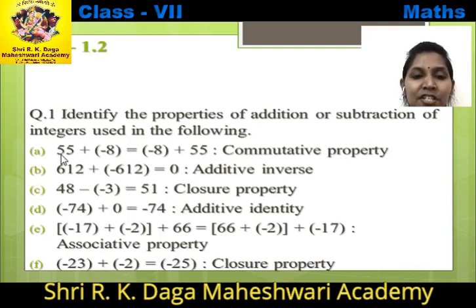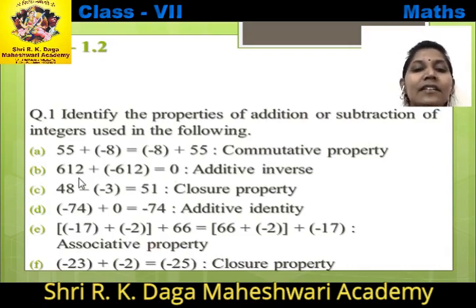First expression is 55 plus minus 8 is equal to minus 8 plus 55. Here you can see plus sign between the numbers and LHS is equal to RHS. So the commutative property is used in this expression.